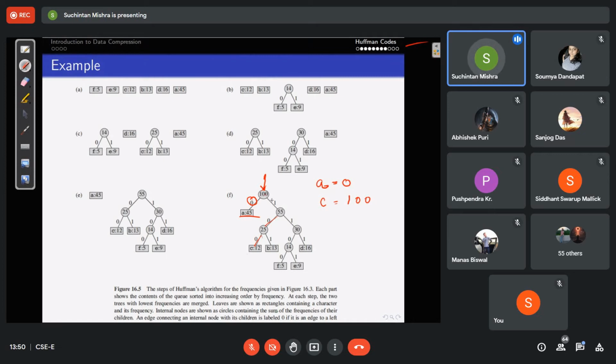From the root, I can take 1, 0, 1 and reach B. I can take 1, 1, 0, 0 and that will be the value of F. I can take 1, 1, 0, 1, and that will be the value of E. Similarly, the value of D is 1, 1, 1. So these are the variable codes that we require.